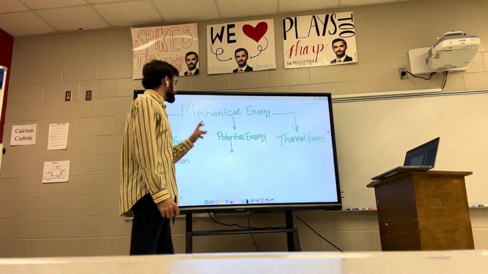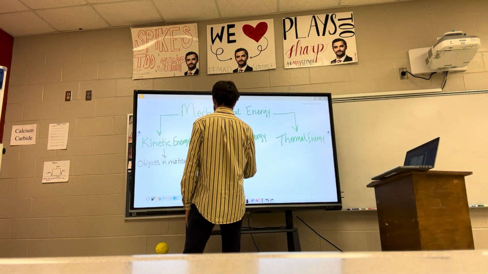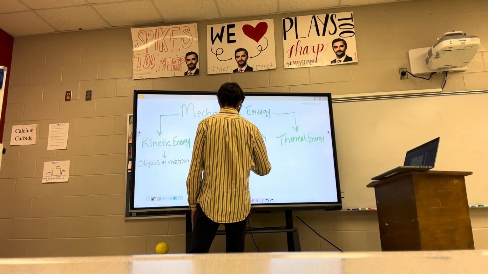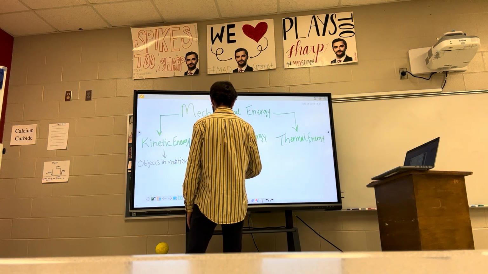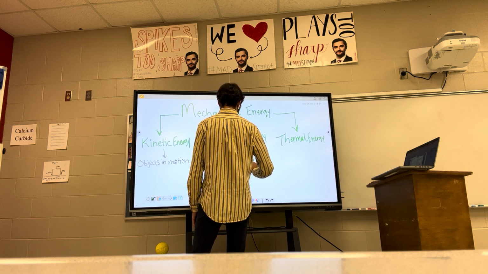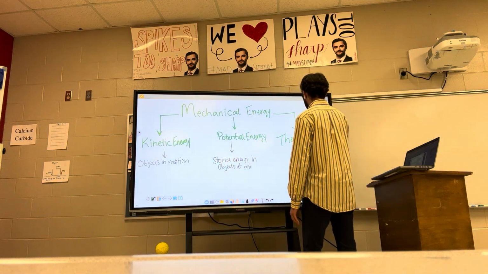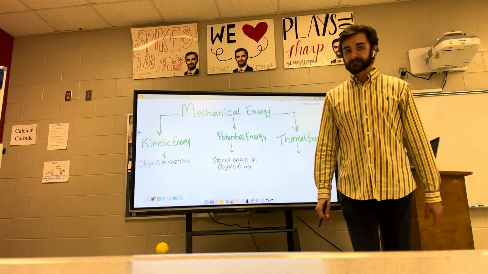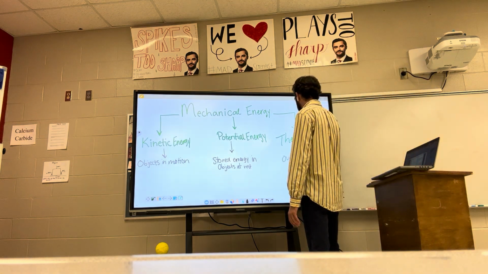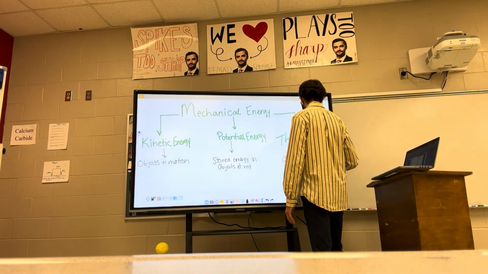Potential energy is the stored energy found in objects that are stationary, or in objects at rest. And then thermal energy is the output or conversion of energy into heat.